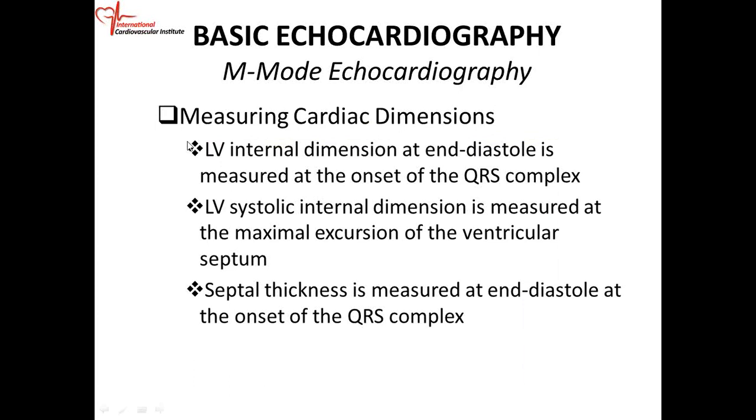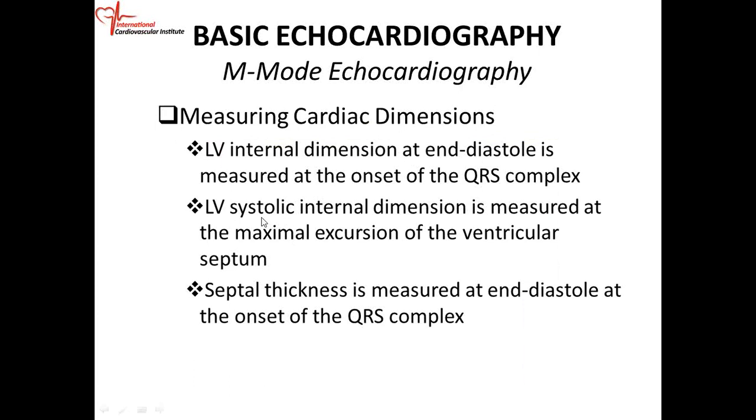You can measure the left ventricular internal dimension in diastole. That's at the end of diastole, and you're going to do that at the onset of the QRS complex, which I showed you how to do. So remember, diastole is when the septum and the posterior wall move away from each other, and it usually represents the largest cavity.